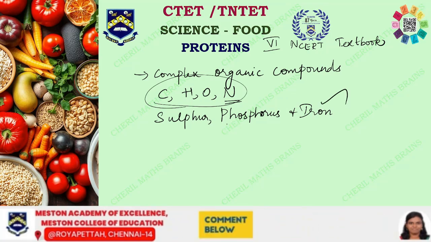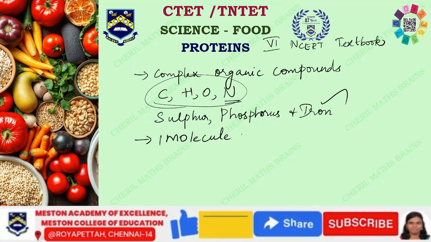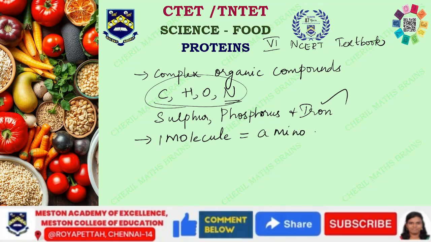One protein molecule is made up of a number of smaller molecules, which you call amino acids.